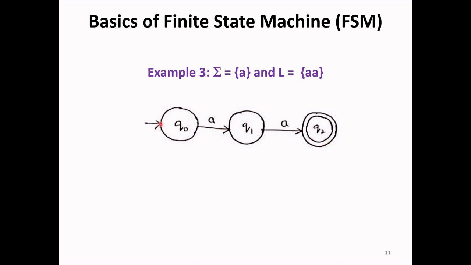So from the start state Q0 for input string A, it reaches the final state Q2. Hence string AA belongs to this particular finite state machine.